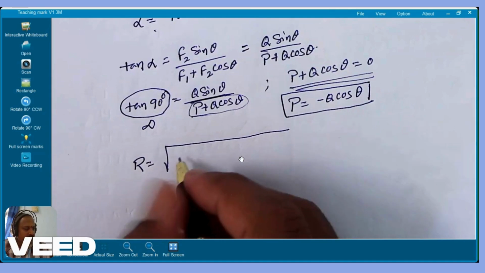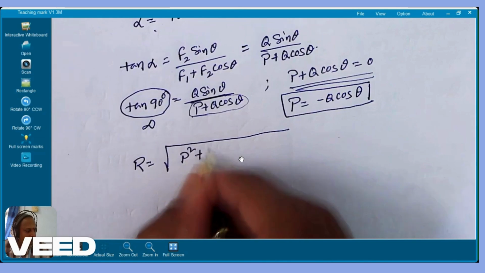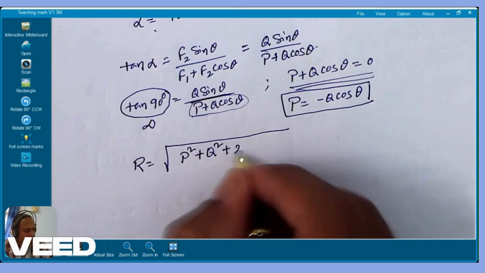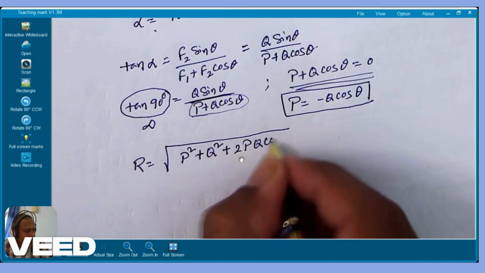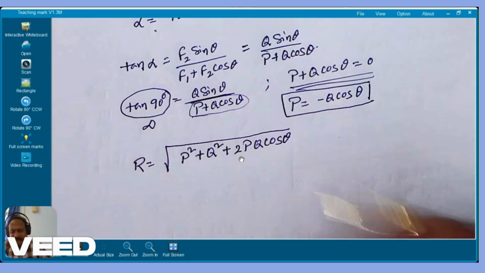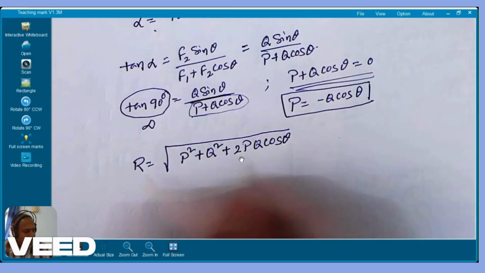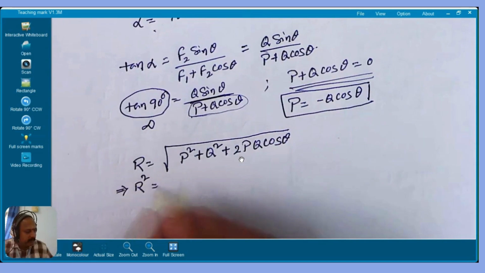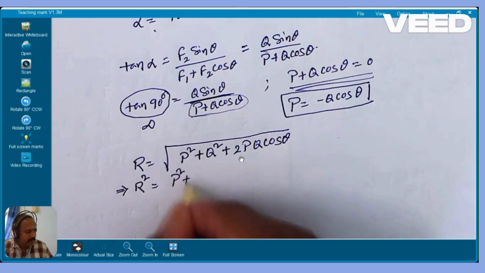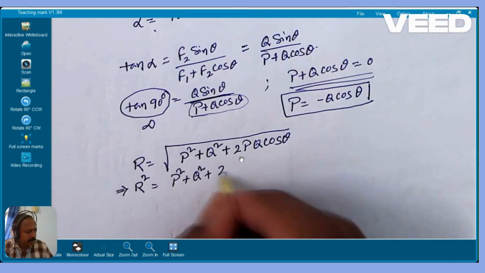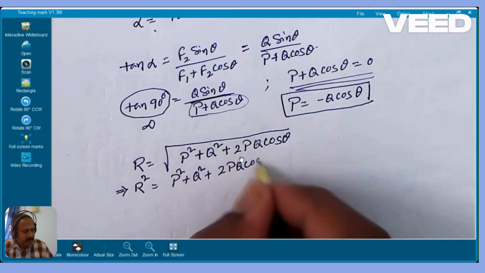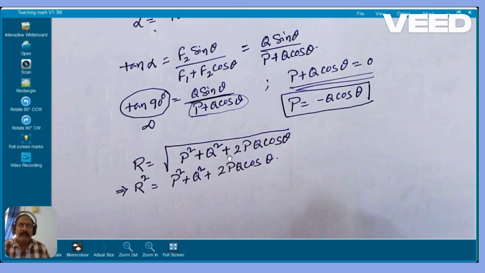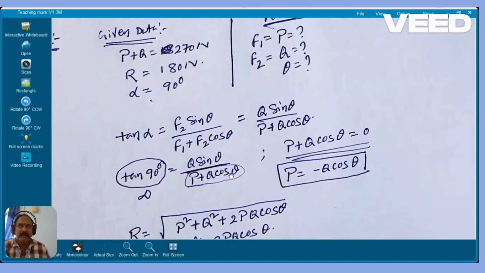Instead of F1 we'll put P, and instead of F2 we'll put Q, so F1 is P, F2 is Q. So R square is equal to P square plus Q square plus 2PQ cos theta. And what is the value of R? As given in the question, you can see 180 Newton.